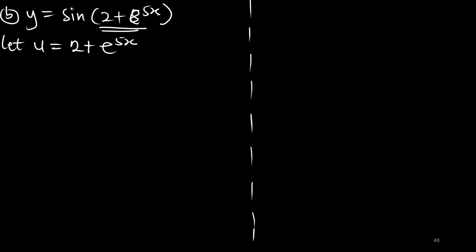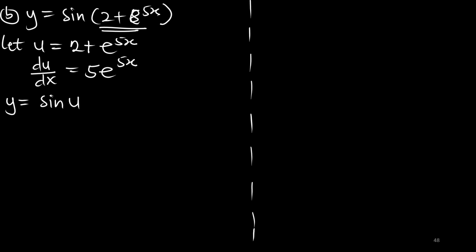Since the u function is in terms of x, we can apply the derivative du with respect to dx. The constant will go to 0, and when you differentiate e to the power 5x, that is going to be 5 multiplying e to the power 5x again. Are we okay? So y can be sine of what? u.